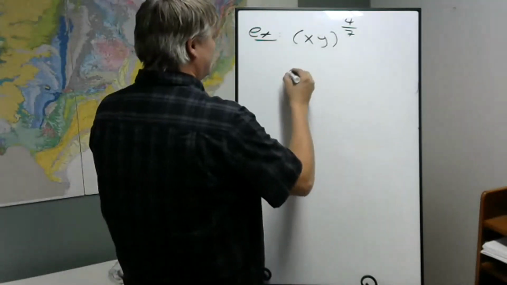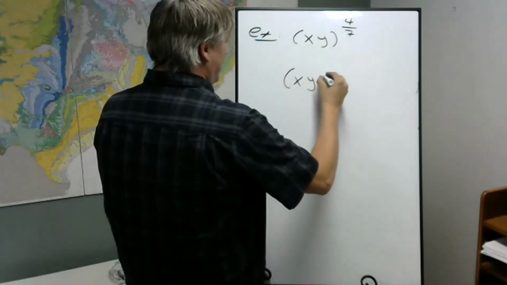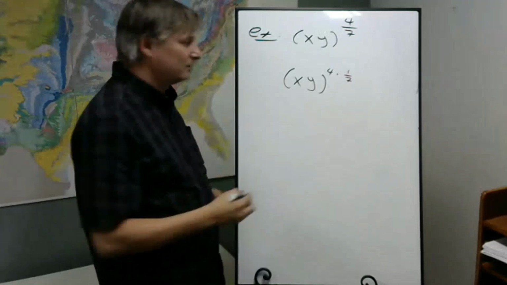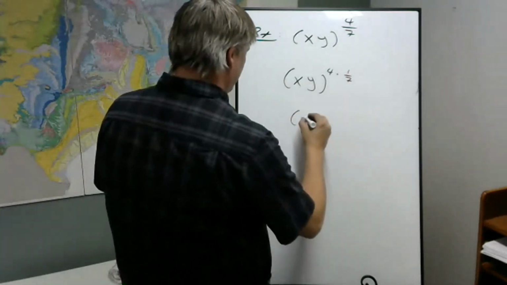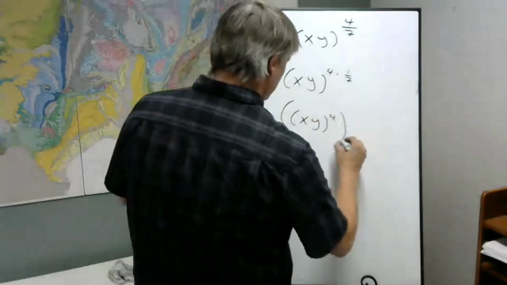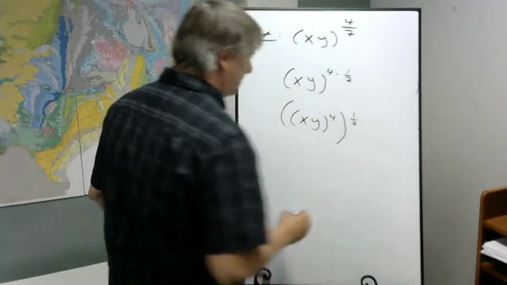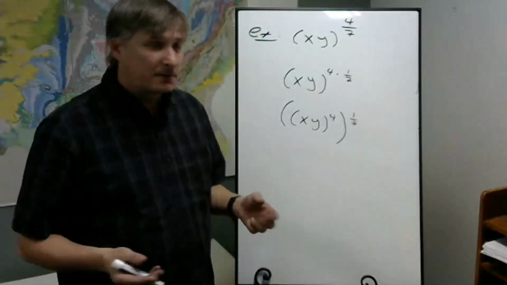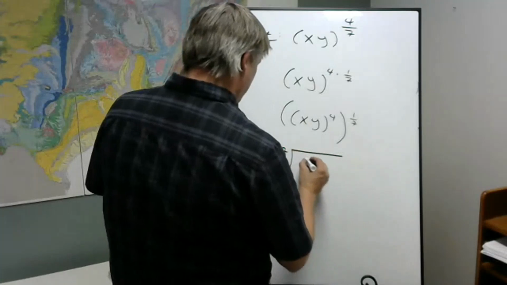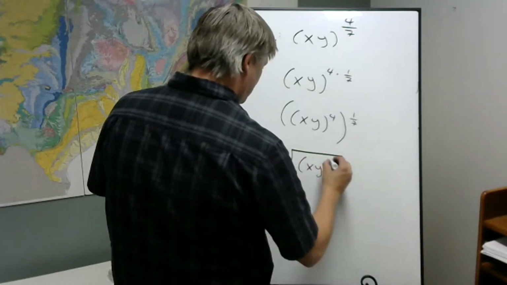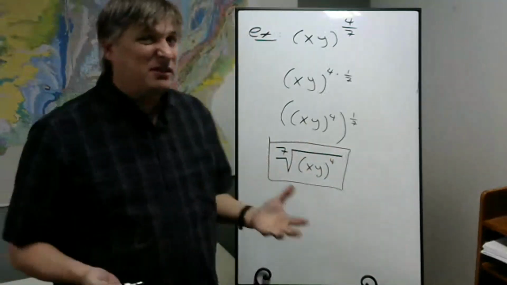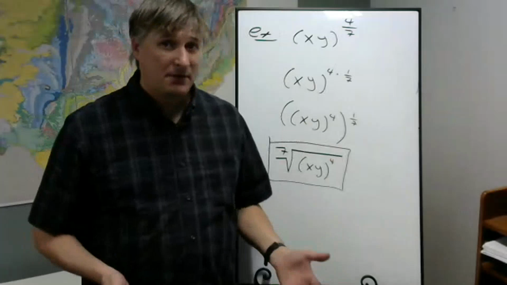So what this will become, xy to the 4 times 1/7, or xy to the 4, all of that given the 1/7 power. Or we get the 7th root of xy to the 4. So again, typically on these, what they want you to do is have the root on the outside.